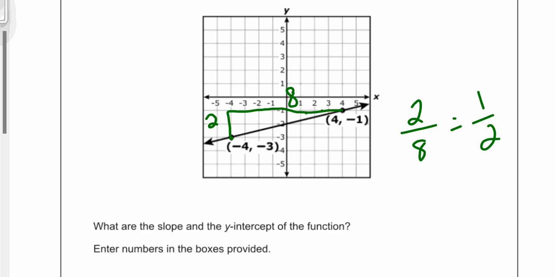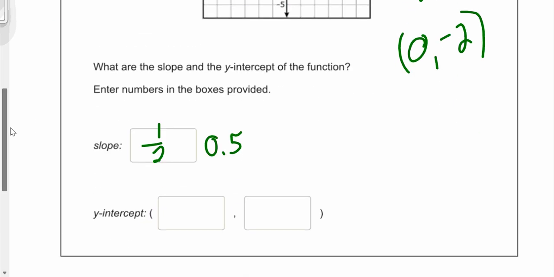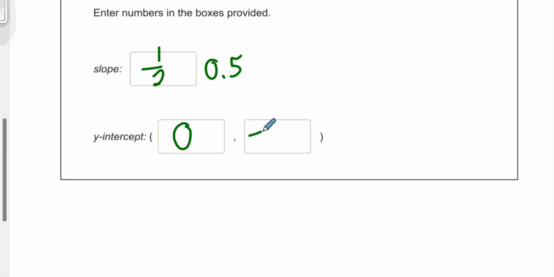My y-intercept is right here where it's crossing the y-axis, and that would be 0 and negative 2. So my slope is half, or 0.5, and my y-intercept is 0 and negative 2.